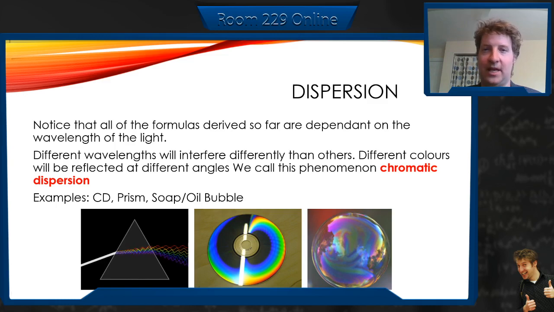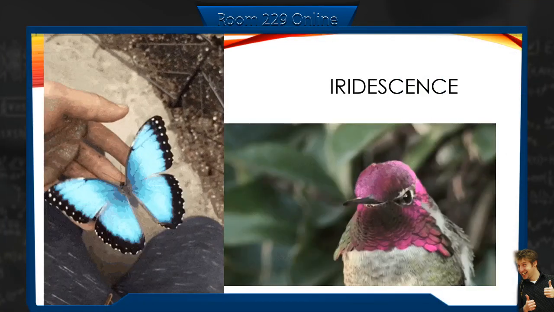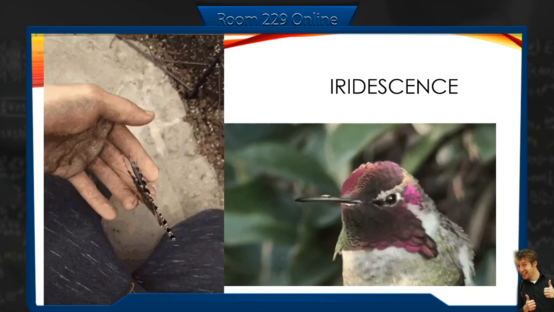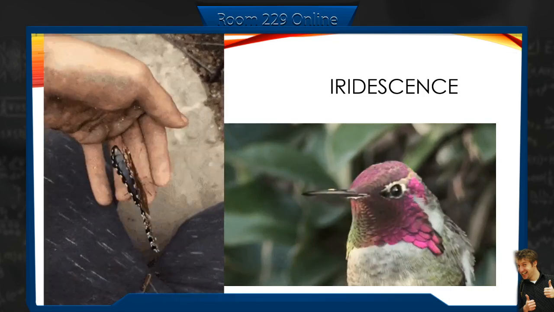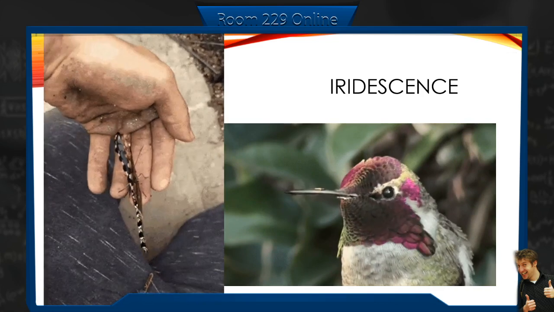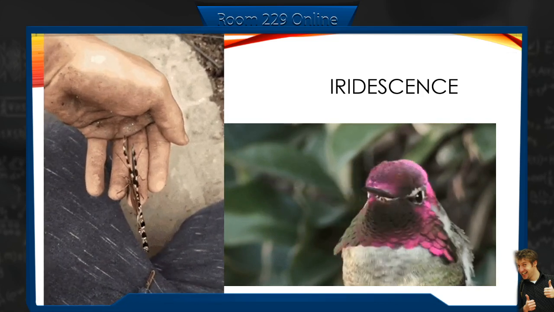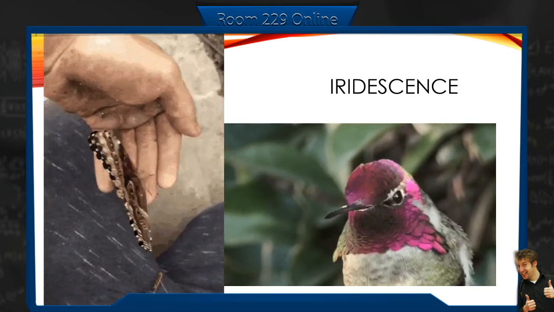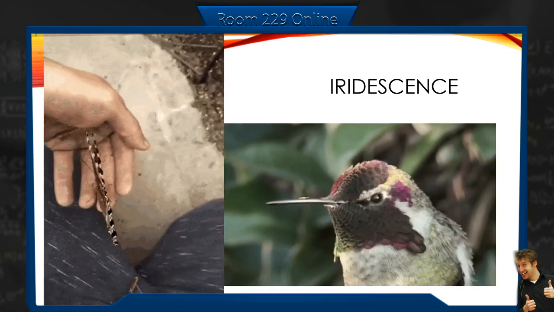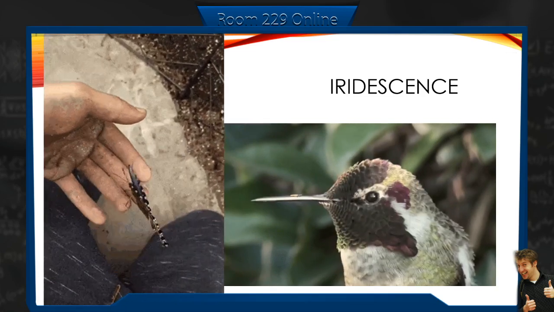All right. And the last thing I want to show you guys is something really cool. Iridescence. So here we have a blue Morpho butterfly on the left, and an Anna's hummingbird on the right. Now these colors don't actually exist. These are not pigments.